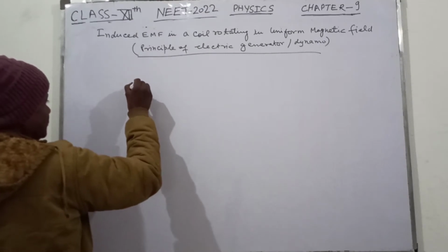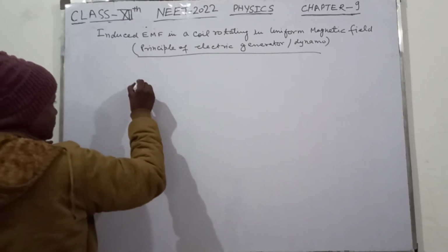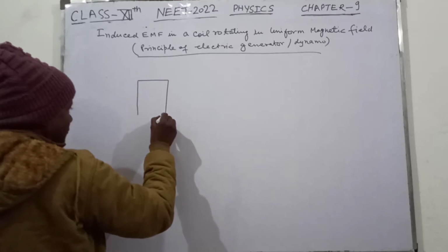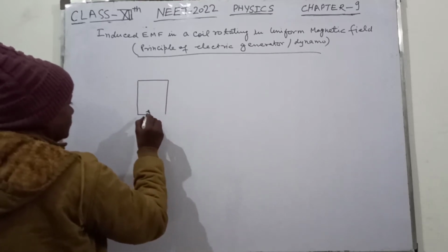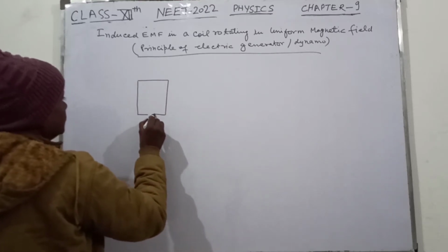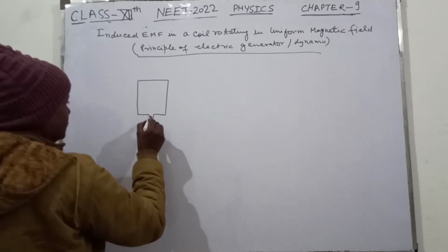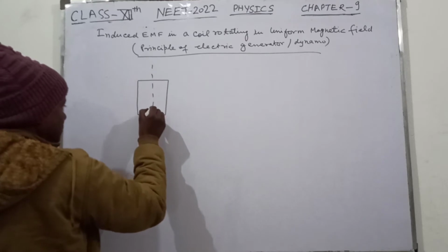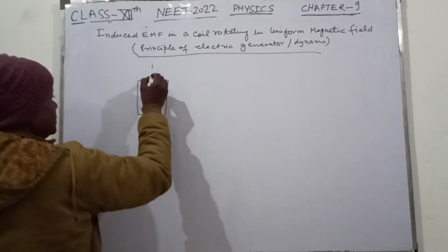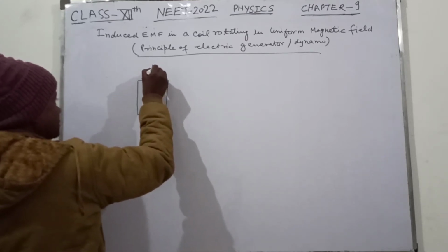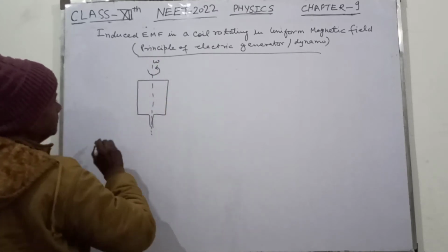Let this be a coil. This is the axis about which it is rotating.